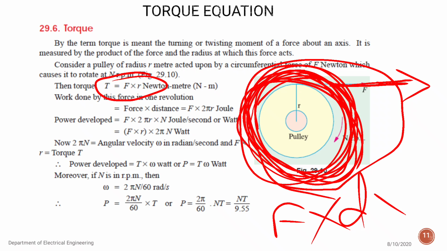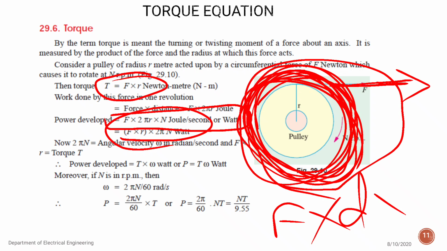So power developed is equal to F into 2 pi r. Why are we taking F and 2 pi r? Because this is the equation for the work done, and into N, that is the speed. So F into R into 2 pi N watt is nothing but the power developed.